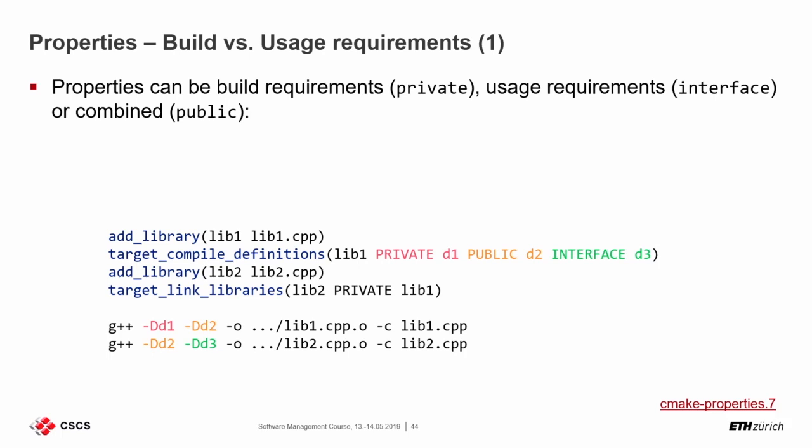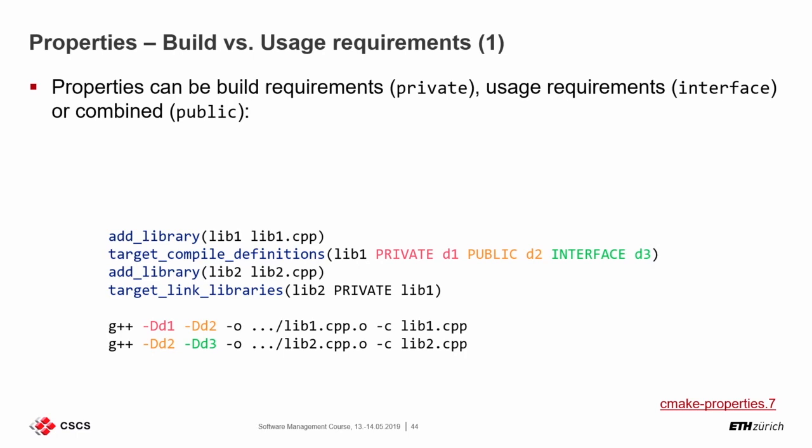When you link it against another file, like here, okay. Here we have D1, which is private. When we look at the bottom, D1 is used to compile lib1, but it's not used to compile lib2 because it's private to lib1. And when we link it against another file later, it will not be used there. So this is a build requirement and only used during building.